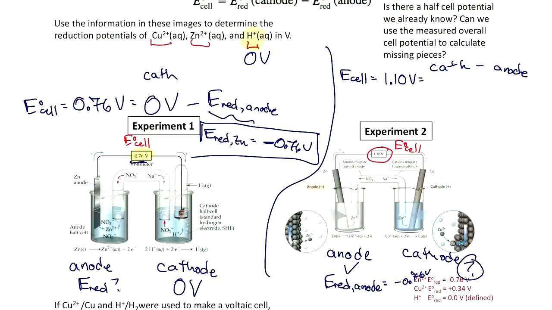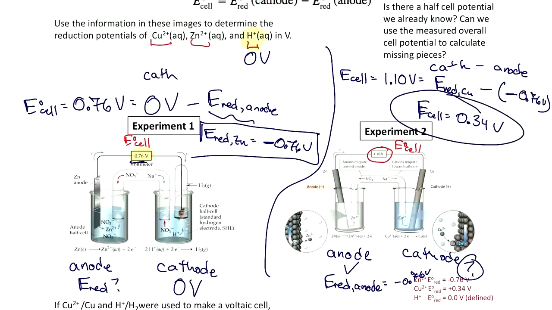So in this case it's copper, and so that's what we're calculating, the reduction potential of our copper cathode minus the anode value we got from experiment 1, so minus negative 0.76 volts. And so I think we see that the reduction potential of that copper cathode is 0.34 volts. So that's the missing piece there for our copper half reaction.